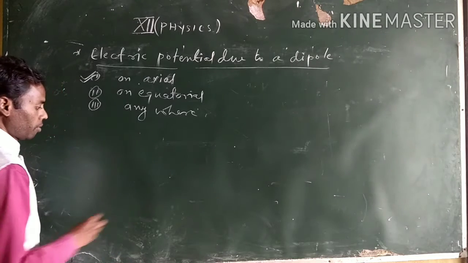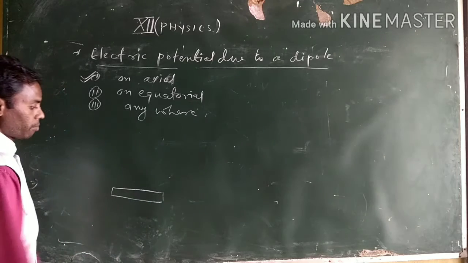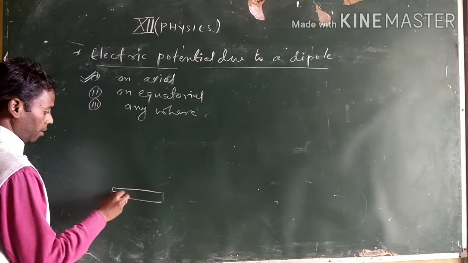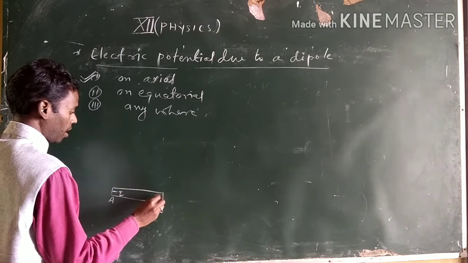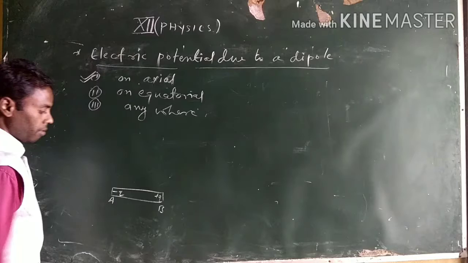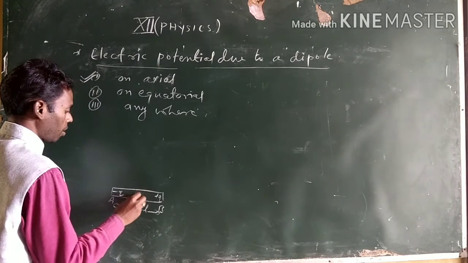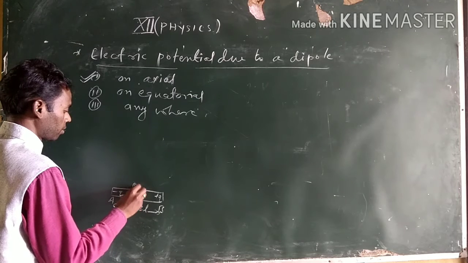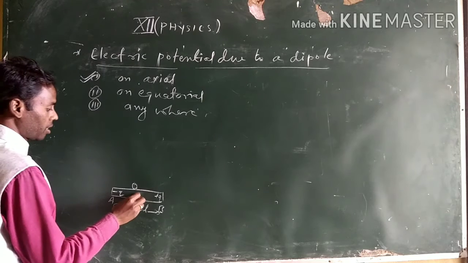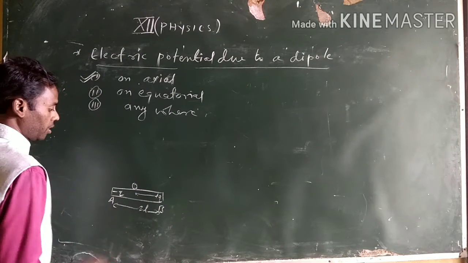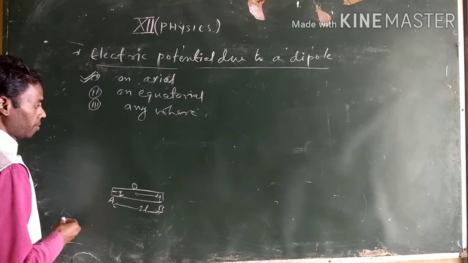Number 1, we have to take first our dipole. This is the dipole, with minus q at A and plus q at B. The length is 2L, and O is the origin or midpoint. That means the distance O to B is L and O to A is L, that means 2L.